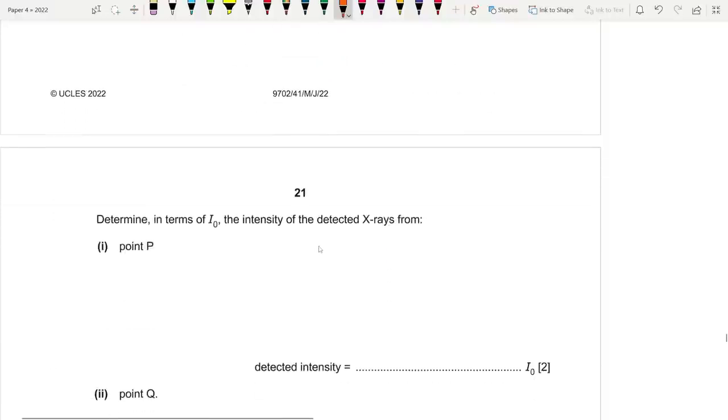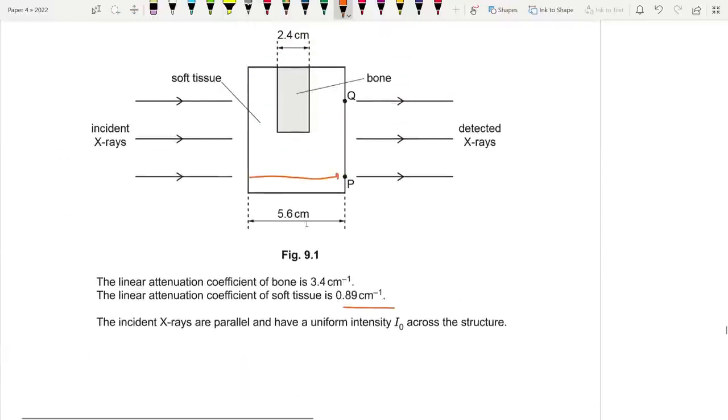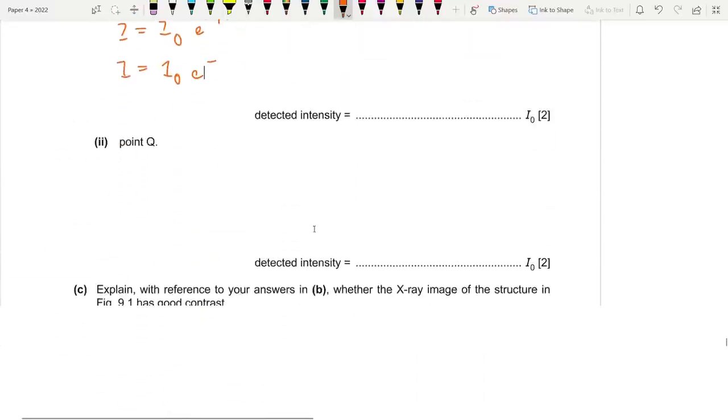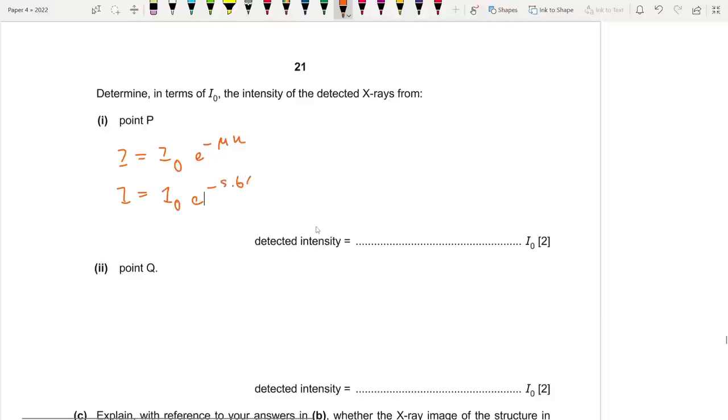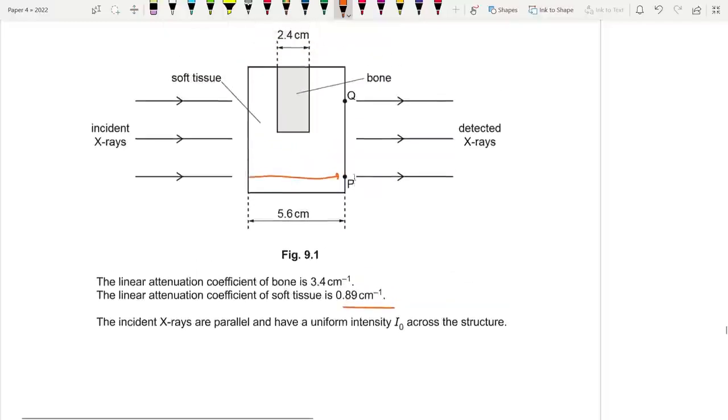So the formula is I is equal to I naught e to the power minus mu x. Okay, so I is equal to I naught times e to the power minus, the distance is 5.6 and this is 0.89. Oh yeah, we need to check whether it's in centimeters. It is in centimeters, so do that.